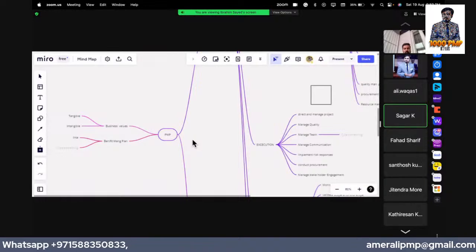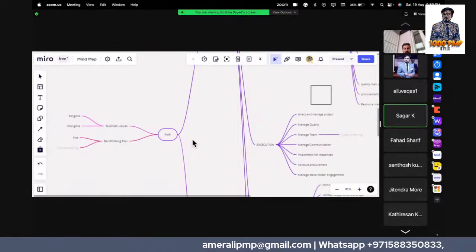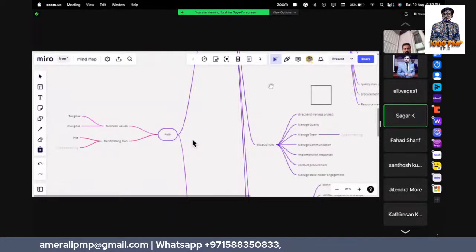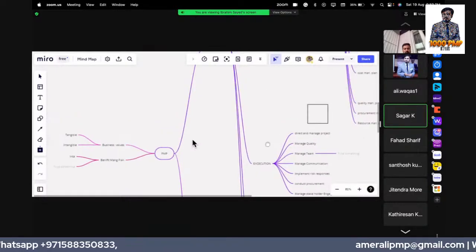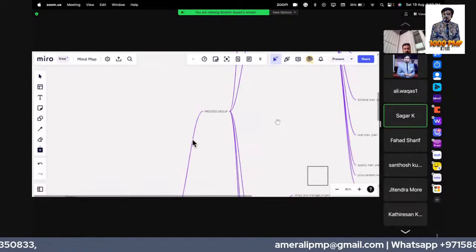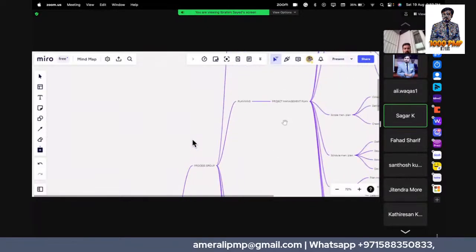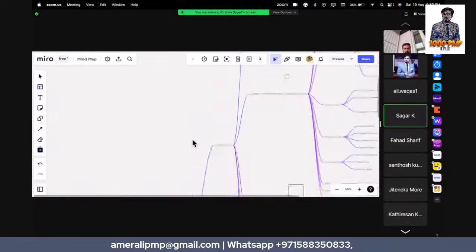Now we will talk about the project part. Here in the project part, we have the various process groups: initiation, planning, executing, monitoring and control, and the closure part.